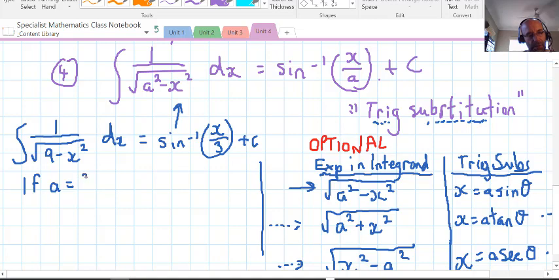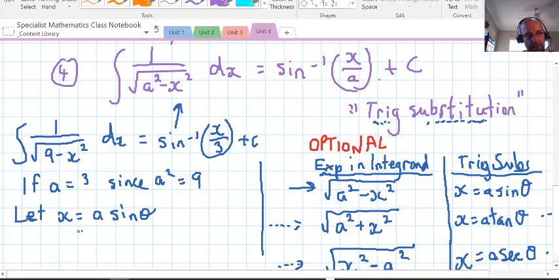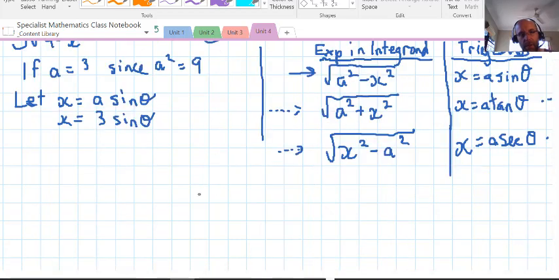So if a equals 3, since a squared equals 9, we're going to let x equals a sine theta, and a is 3, so x equals 3 sine theta. Now, a couple of things at this stage.